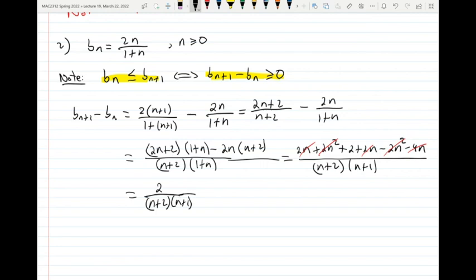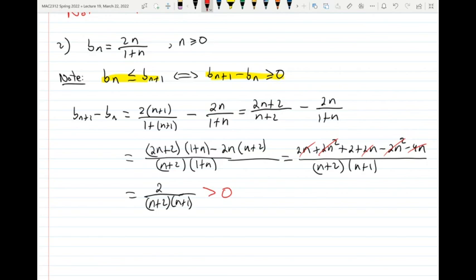And then the question that we are asking is, how does this fraction compare to 0, right? Well, it really depends on the top and the bottom. The top is always positive. The question is, what about the bottom? Well, our n are 0 or bigger, right? n is just a counter for the terms in the sequence. So this denominator is also positive. So this fraction is always greater than 0. Yes?